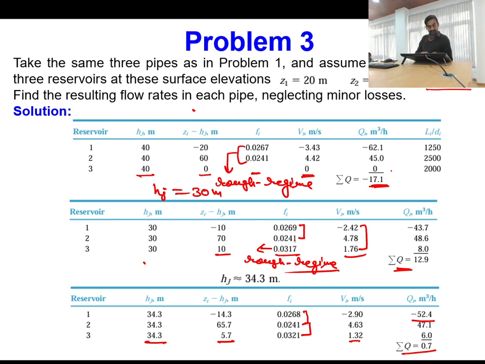So the meaning is, from pipe 2 and pipe 3 flow is coming towards the junction, but from pipe number 1 flow is going away from the junction. So you can clearly say that from the reservoirs connected to pipes 2 and 3, fluid is going out, but the reservoir connected to pipe 1 is actually taking in the fluid. Okay, is this point clear?